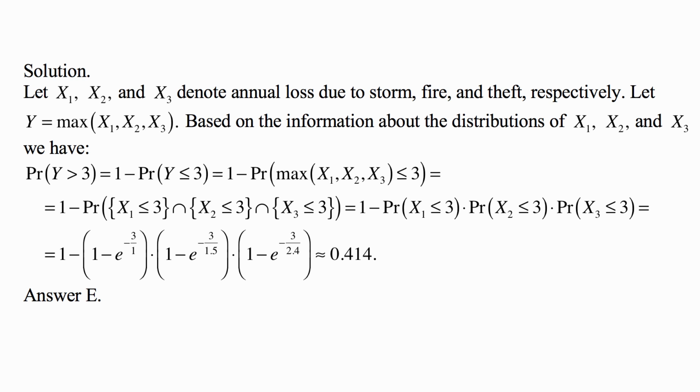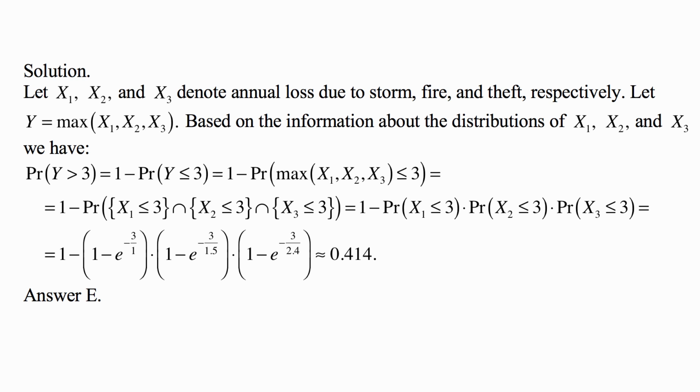And now we know the distributions of those. The distribution of X1 is exponential with mean 1. The distribution of X2 is exponential with mean 1.5. And the distribution of X3 is exponential with mean 2.4.